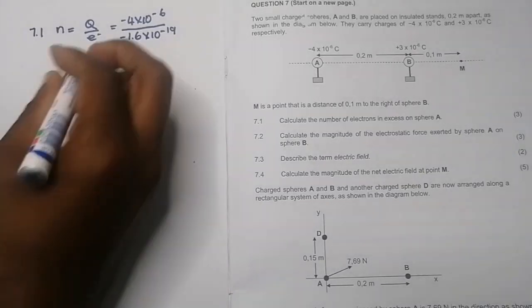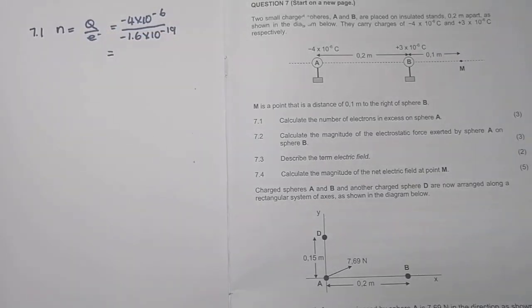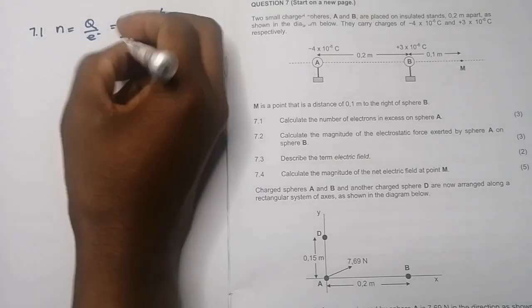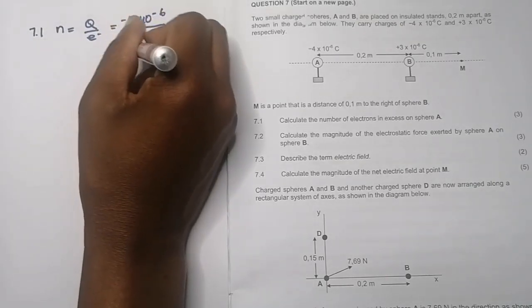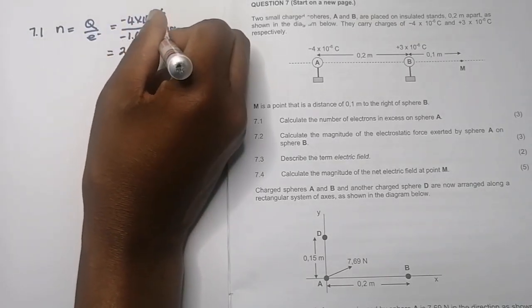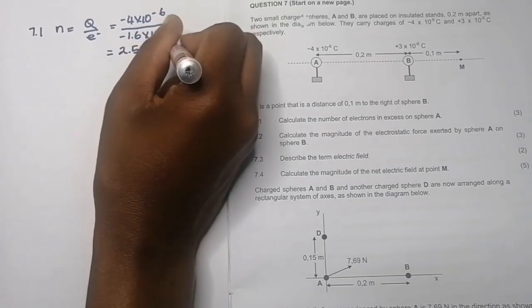Remember, you're given that in your table of constants. And we get an answer of 2.5 times 10 to the power 13 electrons.